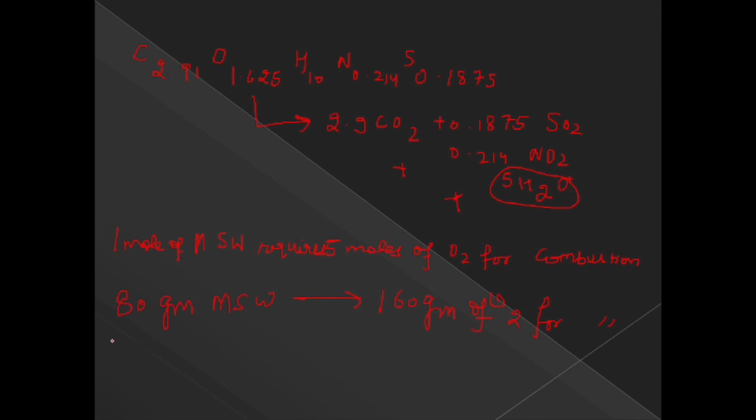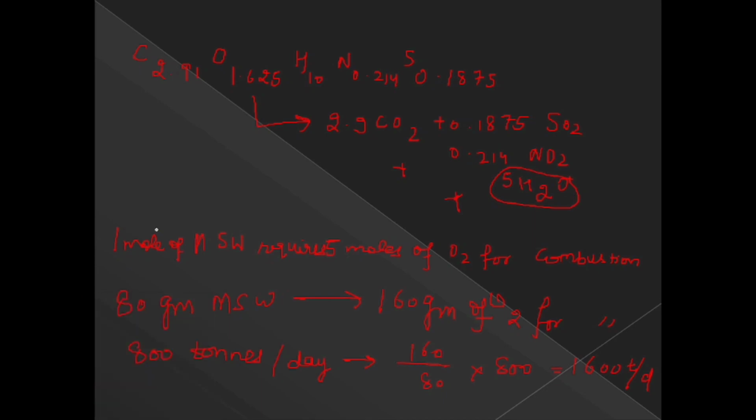So 80 tons per day, 800 tons, my mistake, that is the rate given to us. 800 tons per day is responsible for how much? 160 by 80 into 800 tons per day. So that is 1600 tons per day.